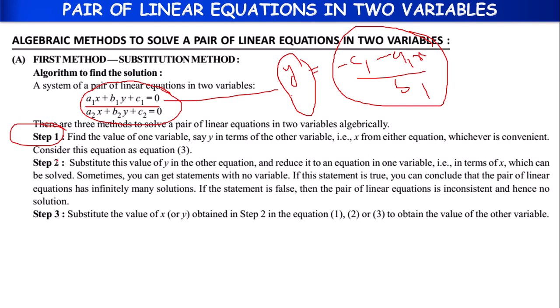Next is step 2. We will substitute the value of y which we have found in step 1 in the place of y in the second equation. So what happens? The equation will be reduced to one equation having one variable.